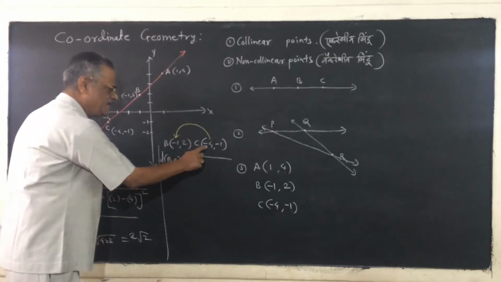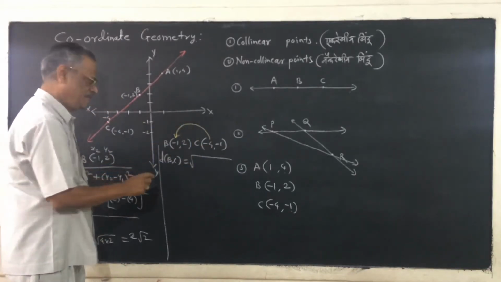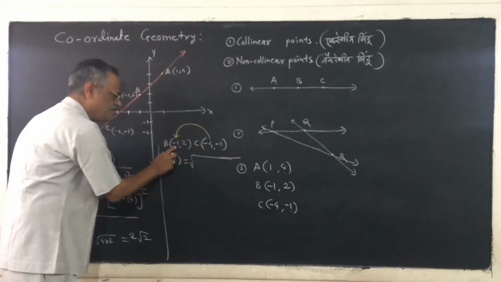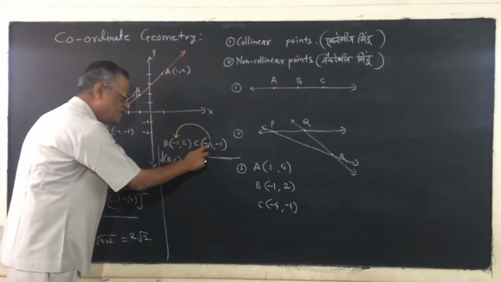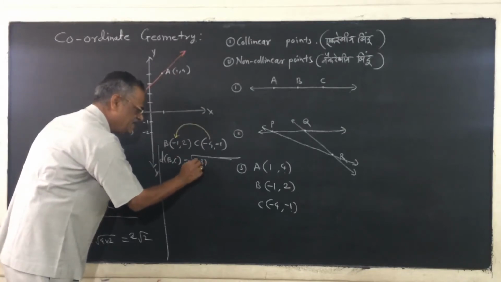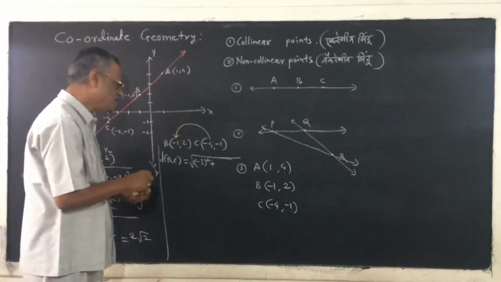We can calculate -4 minus -1. So what is that? Difference -4 minus -1. So in that case -4 plus 1. So -3. I think it is -3 bracket square plus y2 minus y1.